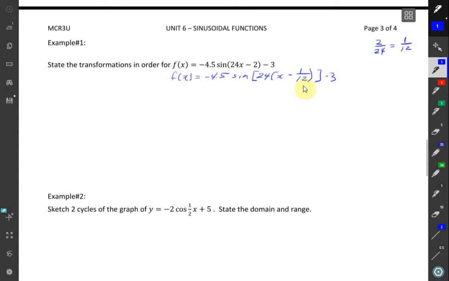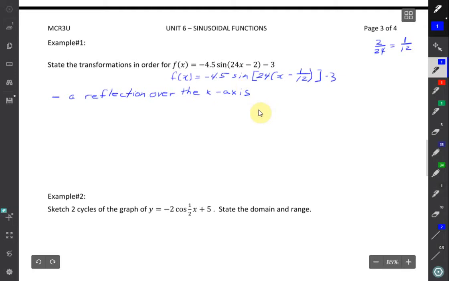Now we can state the transformations. One, there's a negative out in front, so this is a reflection over the x-axis. Looking at the A value here, we know that this is a vertical stretch by a factor of 4.5.